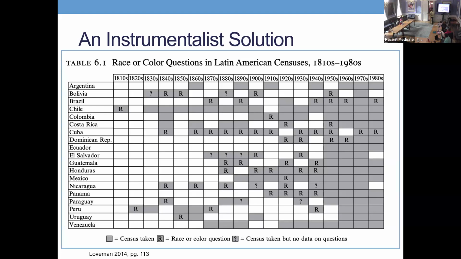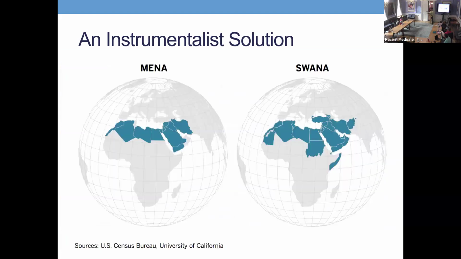Not only should you be able to deal with historical material, you should be able to deal with forward-facing things as well. This is taken from the University of California, where there is now a category you can pick if you're applying to any of the UC systems. We have a category called MENA, and the proposed category is SWANA. MENA is supposed to capture Middle East and North Africa. Why SWANA? My thought is you should read your Edward Said, because it's Southwest Asia and North Africa. We should avoid the vestiges of Orientalism.